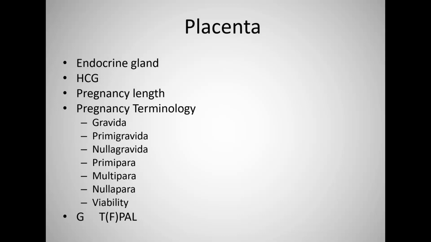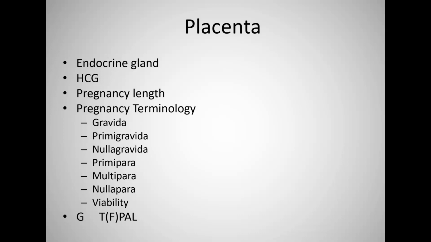Then you go into the para. Para is actual live births. So if a person is a primipara, they have had one live birth.